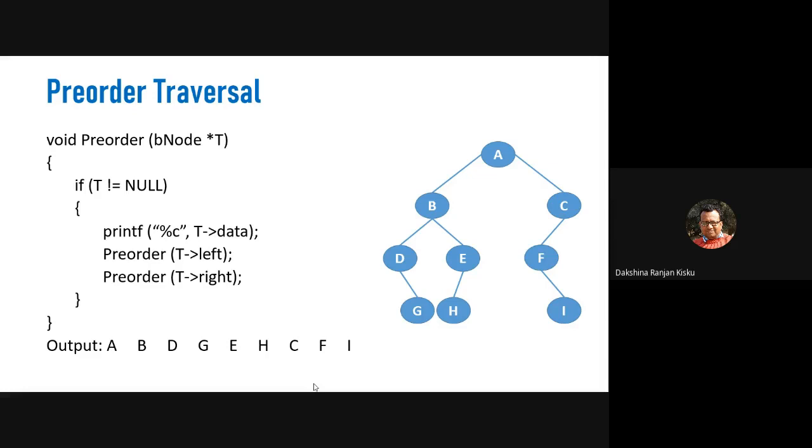Then F will be printed because F is the left subtree of C, and there is no right subtree of C. Then there will be A printed after C, and we will have I after A is printed. That means I will be visited after A, and I is the last node in the pre-order traversal sequence.